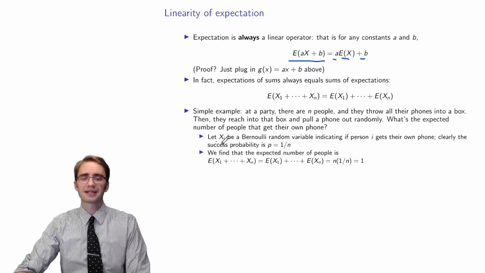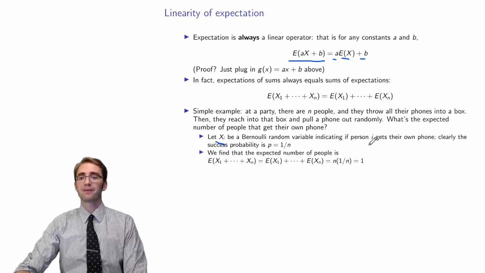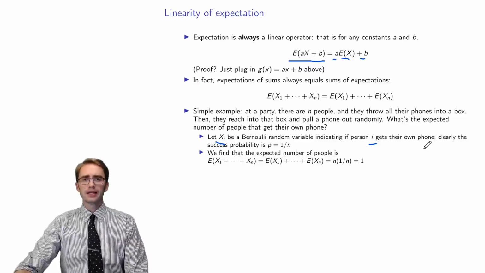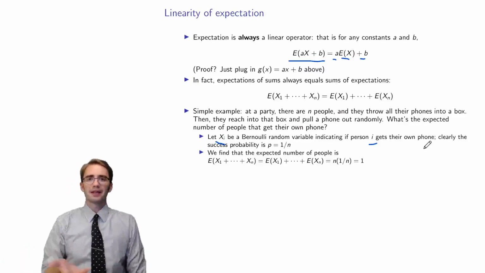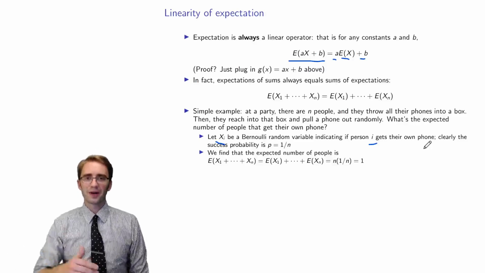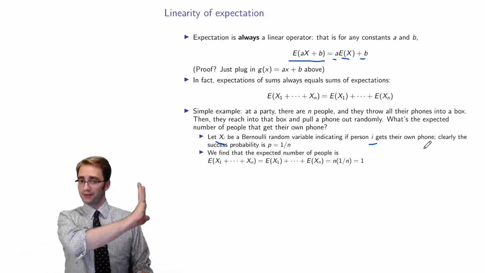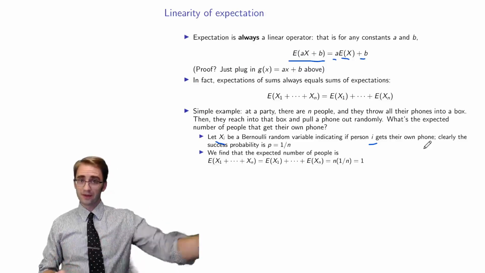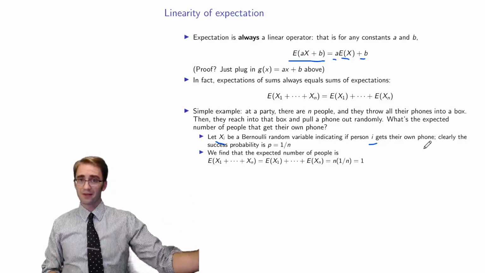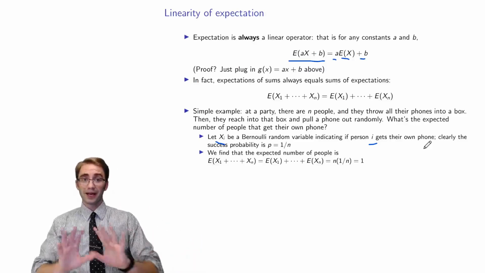We'll say xi is a Bernoulli random variable that indicates if the ith person gets their own phone. So you could just ask, what is the probability that you individually, if you're at this party, get your own phone? Of course it depends on the other phones that other people have taken already, but we're not going to condition on that.